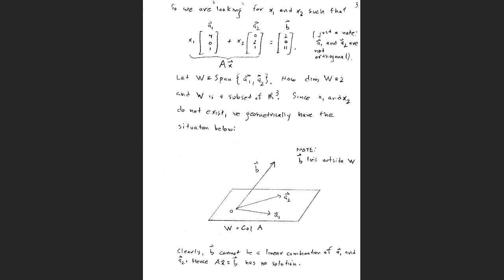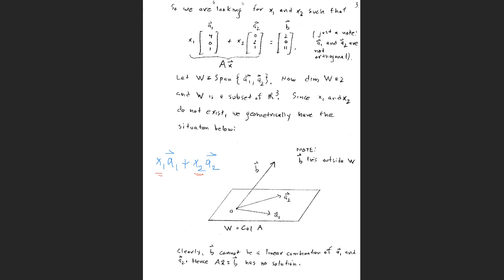We agree that x1 times a1 plus x2 times a2, for any values of x1 and x2, where would those vectors lie?